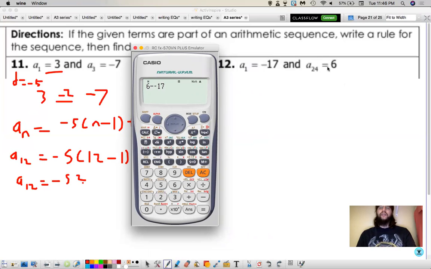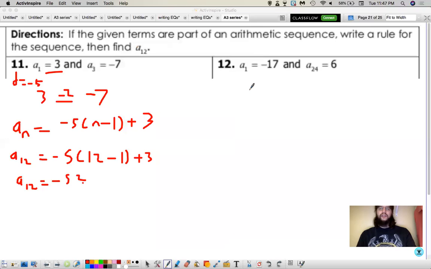To find how far we moved, we take where we ended up minus where we started, so it's minus -17. So we moved 23 units. And guess what? We have 23 squares, right? 24 minus 1 is 23. So divide that by 23, and what do you think we get? 1. So d is 1.